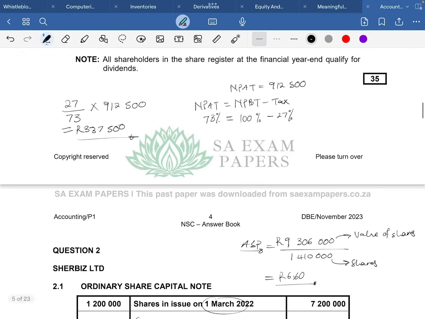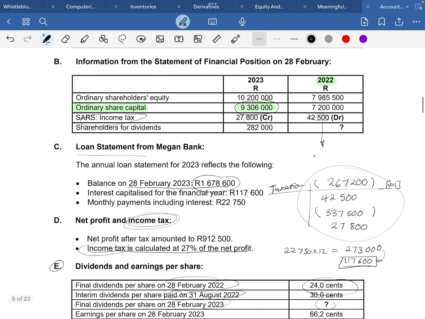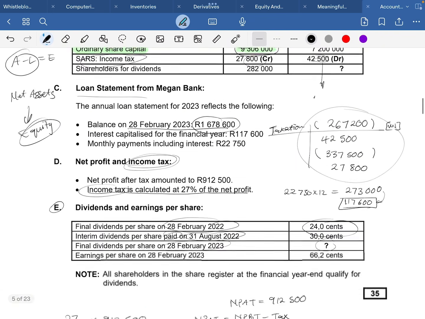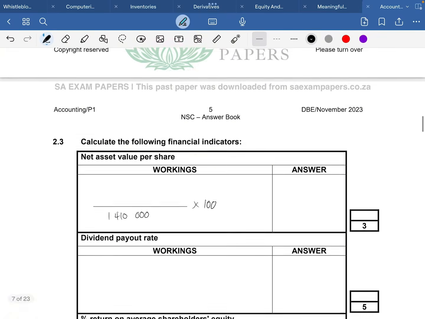Our net asset value is our ordinary shareholders' equity at the end of the year, because net assets just mean assets minus liabilities, which is equity. So net assets just mean equity. Right, so it's 10,200,000.